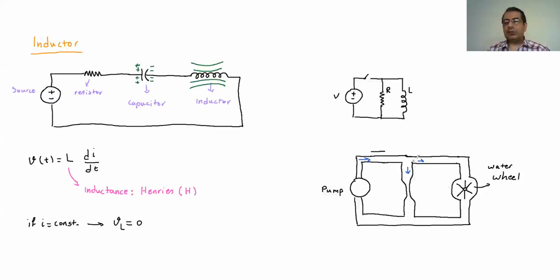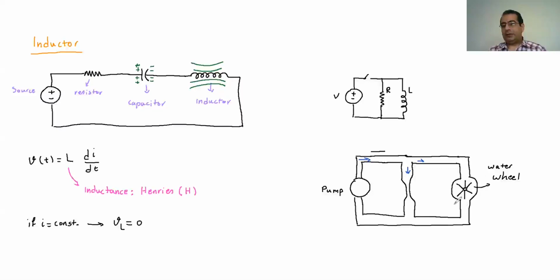As time passes, the water wheel eventually starts to rotate very fast and doesn't show much resistance to the water going through. Because we have this narrow passage here, the water tends to go this way because it's much easier once it starts to move fast.